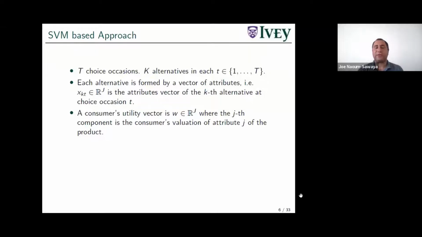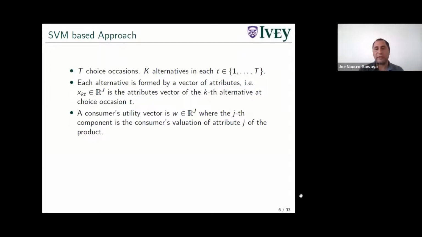Then we have the consumer utility, and that's really what we're trying to learn. The consumer utility is a vector W that gives us a weight for each particular feature. It's a vector of size J, the same size as the features, and gives us the consumer's valuation for that particular feature or attribute.